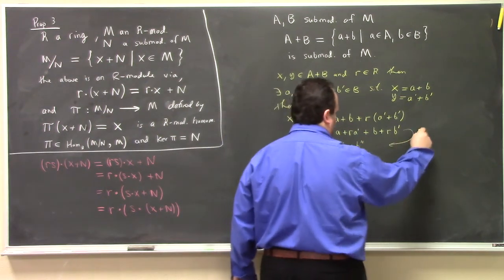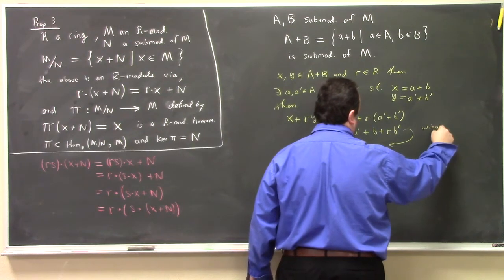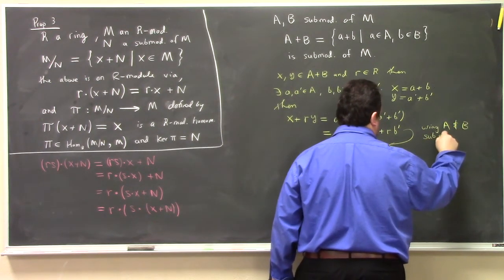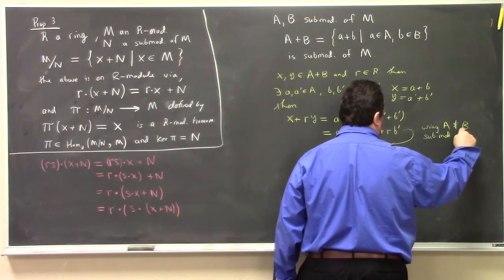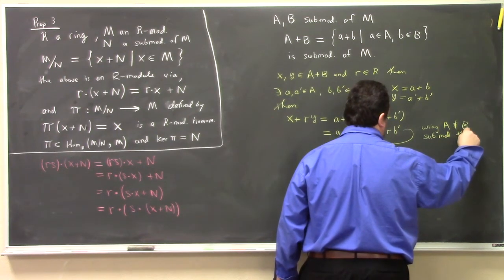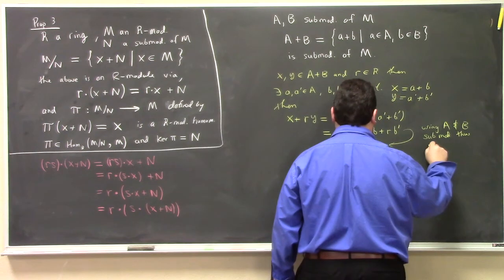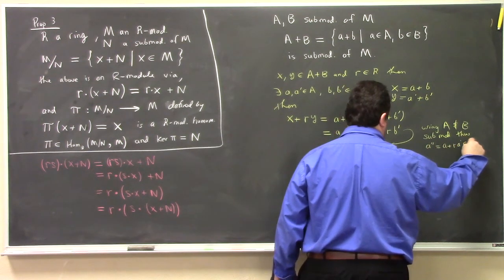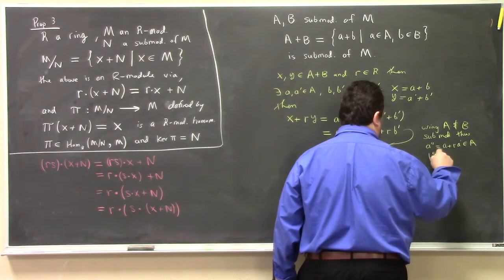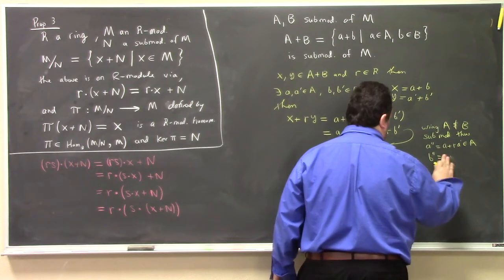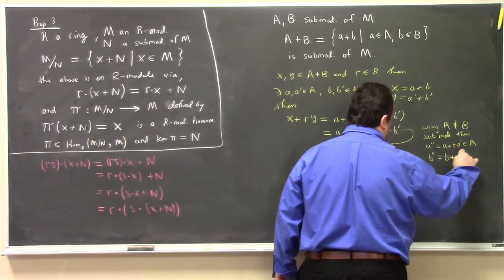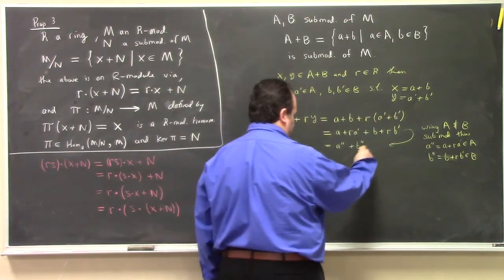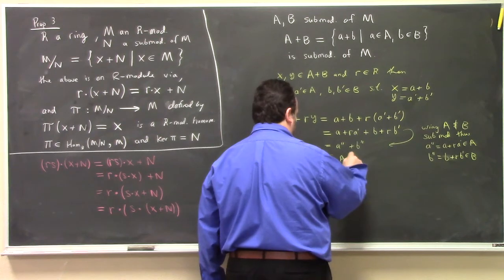This is using A and B submodules, where a double prime equals a plus r a prime is an element of A, and b double prime, b plus r b prime, is an element of B. And then, of course, that's an element of A plus B.